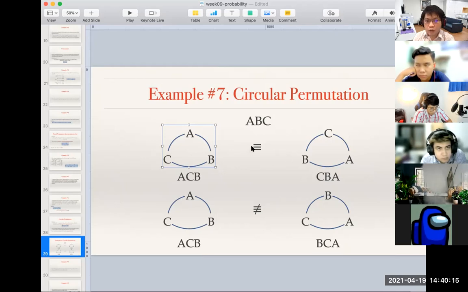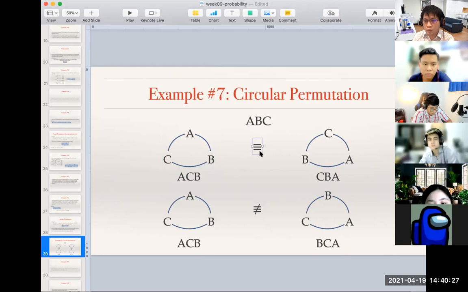Be careful here. I'm not saying that they are the same, but they are equivalent. The symbol here is not the equal sign, but the equivalent symbol.